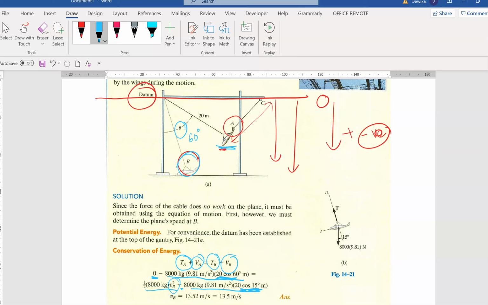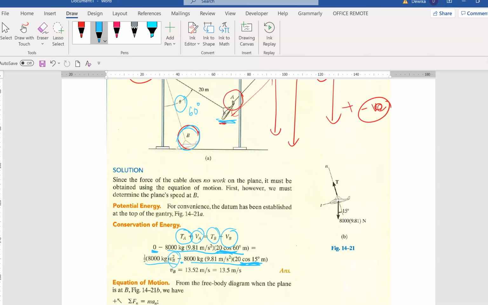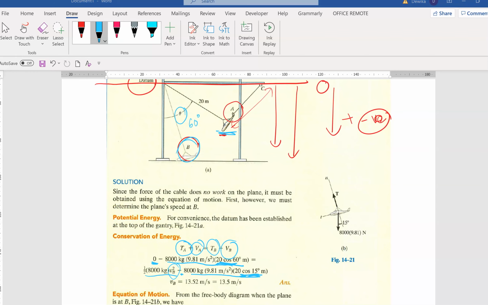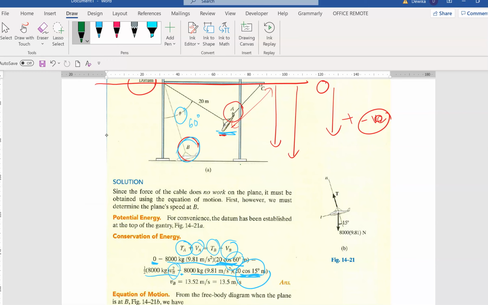And this is cos 15. Why is it cos 15? Let me explain the cos 15 and the cos 60 here, as maybe it's a bit confusing. Let me change the pen color to green. What is 20 cos 60?